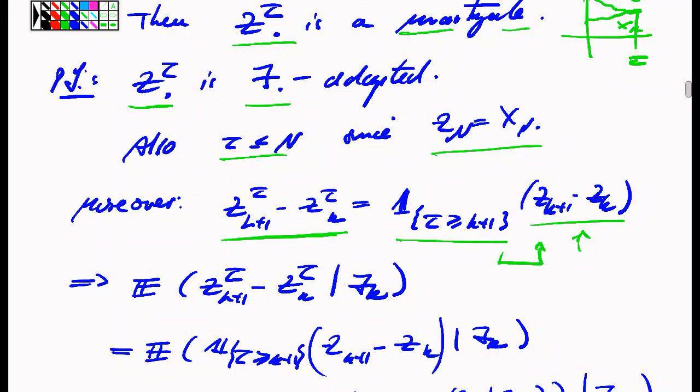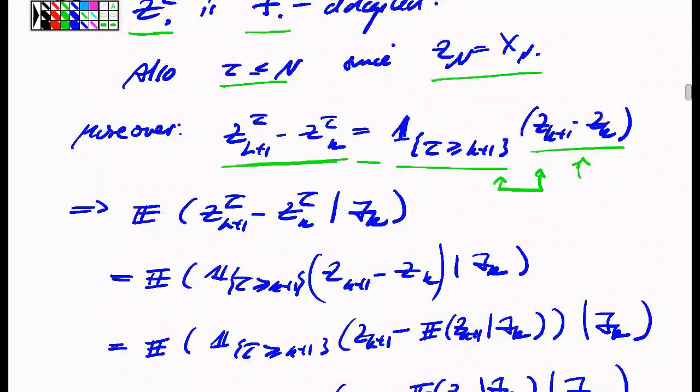So this identity here is more or less a triviality. Again, the increment of a stopped process is the indicator of whether or not the stopping has already kicked in, and if it has not yet kicked in, then the increment of the stopped process is trivially the increment of the non-stopped process.